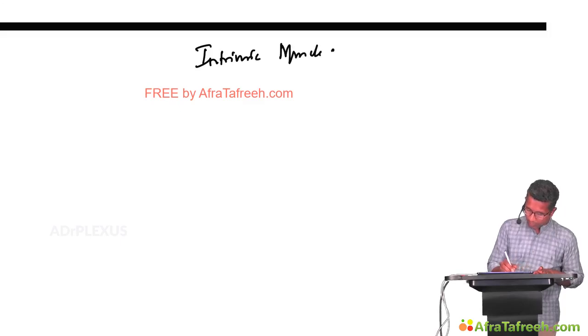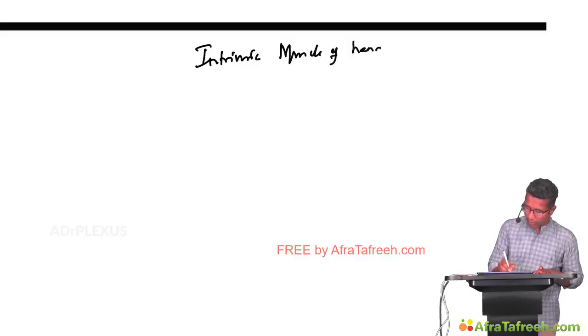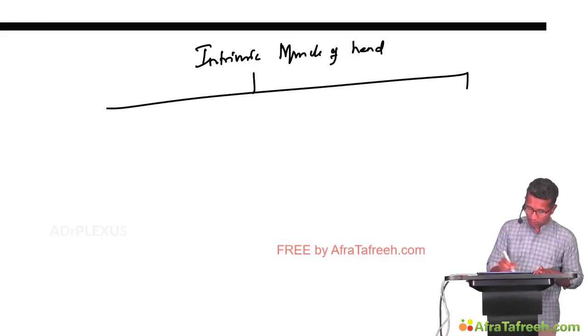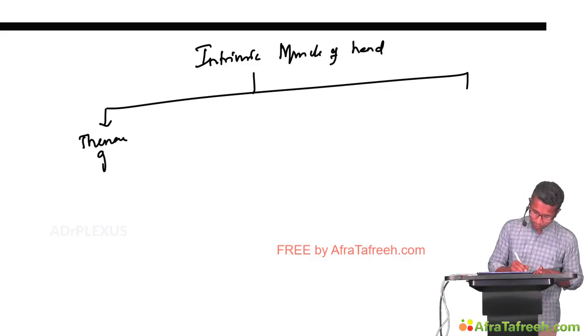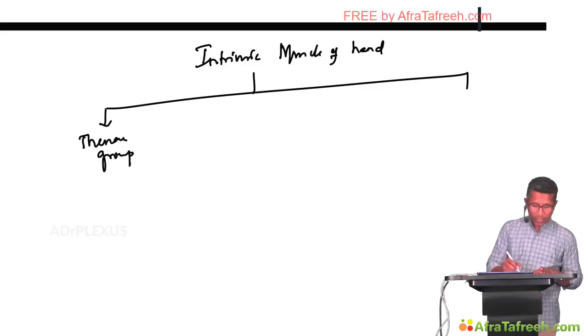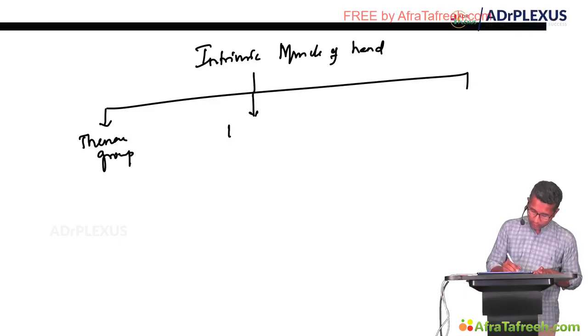I divide the intrinsic muscles of the hand into the following groups. One group is called the thenar group. The next group is called the hypothenar group.